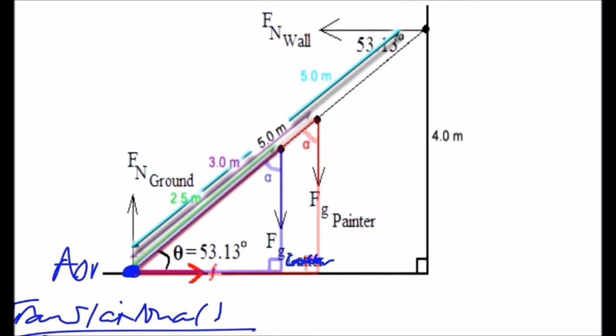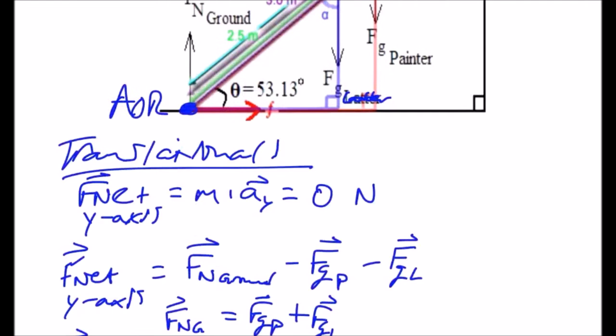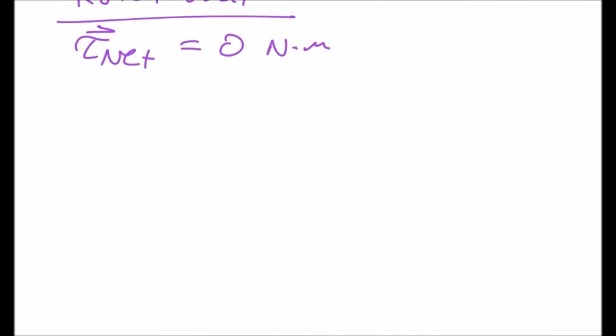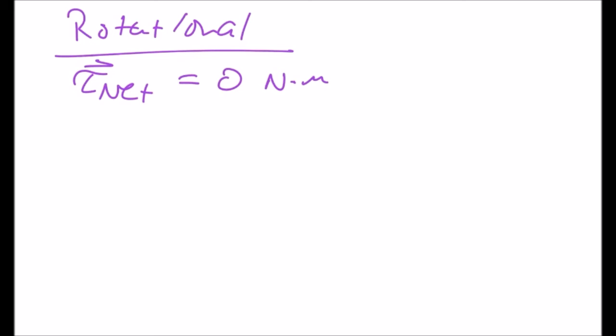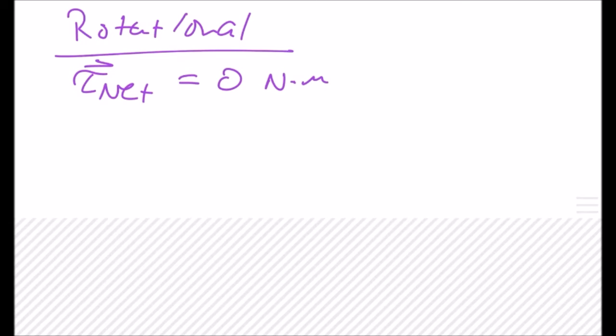So let's go ahead and label that. And then on our torque net statements, we'll make sure that we claim that. We're going to say that torque net, when the axis of rotation is at the frictional force, is going to be equal to 0.